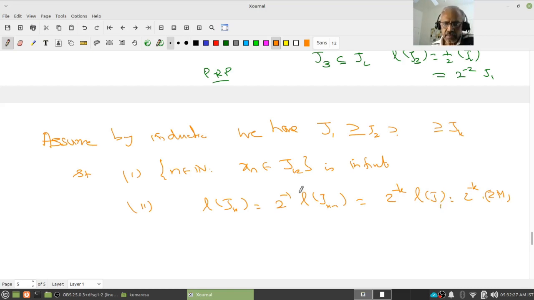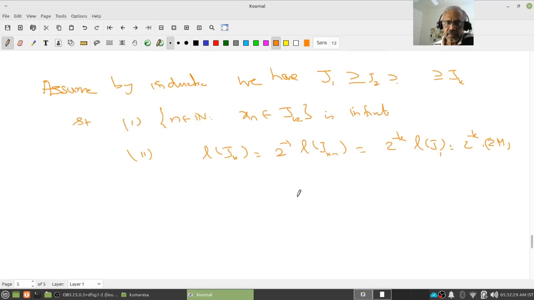Let me see, J2 had length 2 to the power minus 1, therefore I should be very careful, it should be minus k plus 1 if you want.